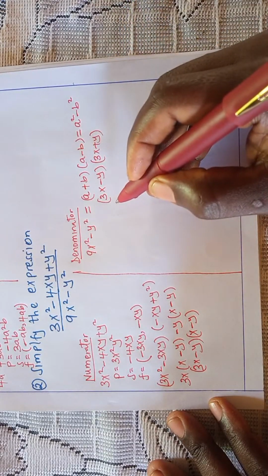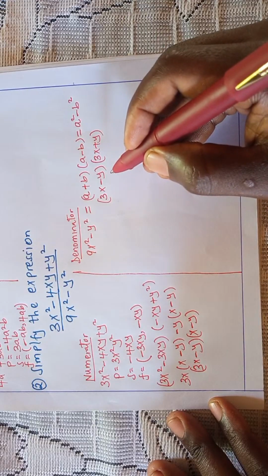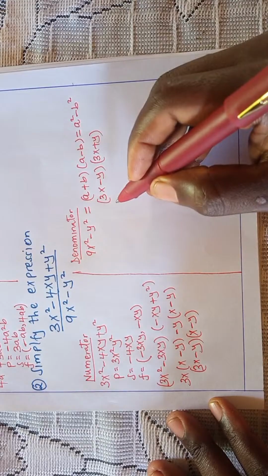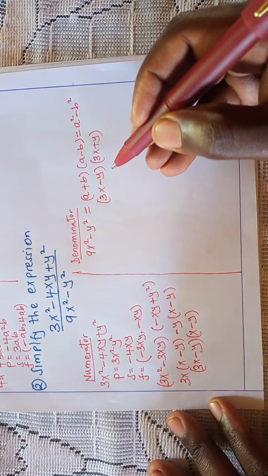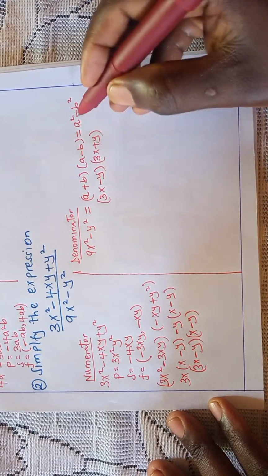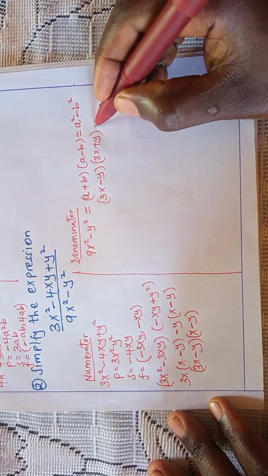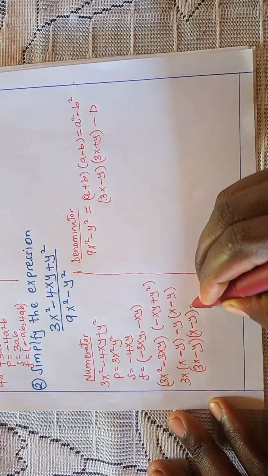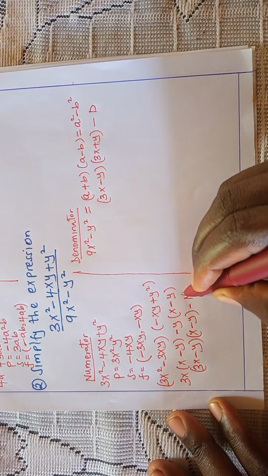Now, I want us to move very slowly so that you can understand these things. Now, we already have our denominator. This is our denominator, and earlier on we obtained the numerator.